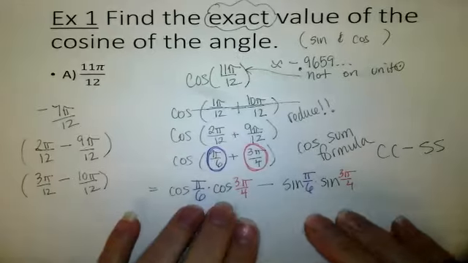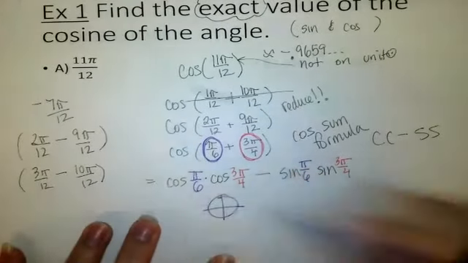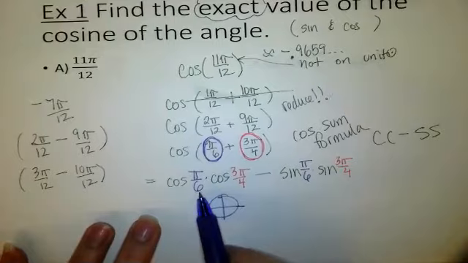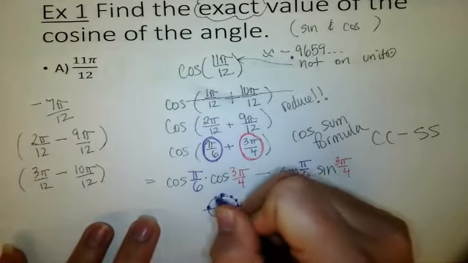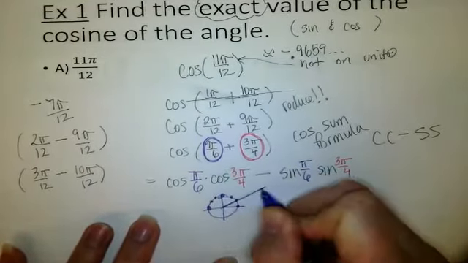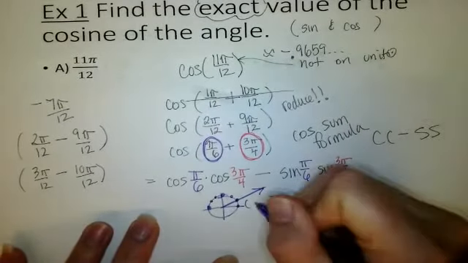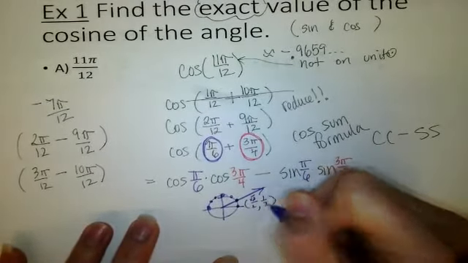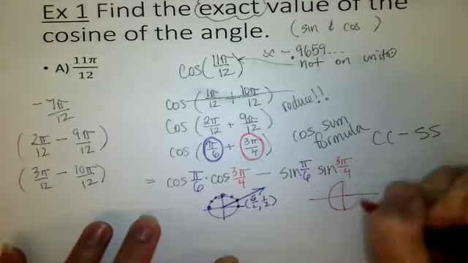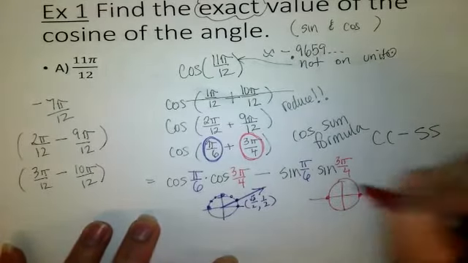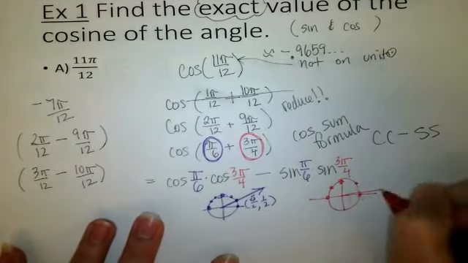Once you've expanded, then we can actually evaluate using our angles, circles and dots here. My first angle was pi over 6. That's taking pi and dividing it into 6 wedges. Right here is pi over 6. What's that ordered pair? Good. Radical 3 over 2, up a half. My second angle was 3 pi over 4. So that's taking pi and dividing it into 4 equal wedges, and we want 3 of them.